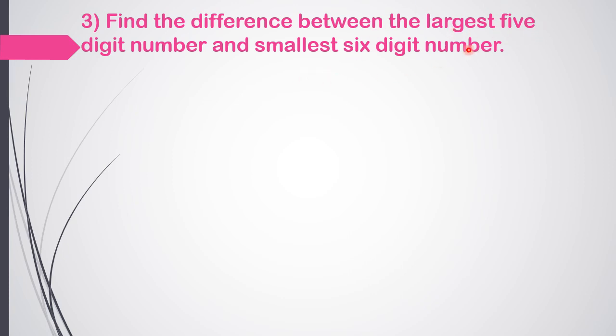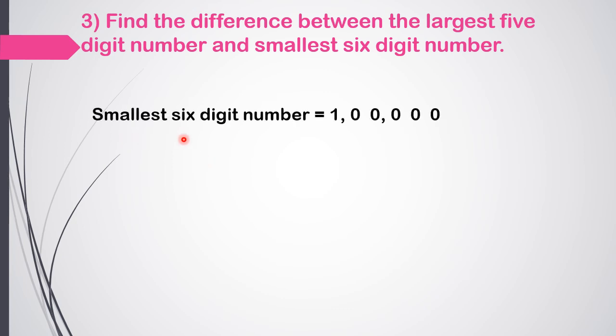Which one is the largest one? Yes, the smallest 6-digit number is the larger one because it has 6 digits. But the largest 5-digit number is the smaller one.